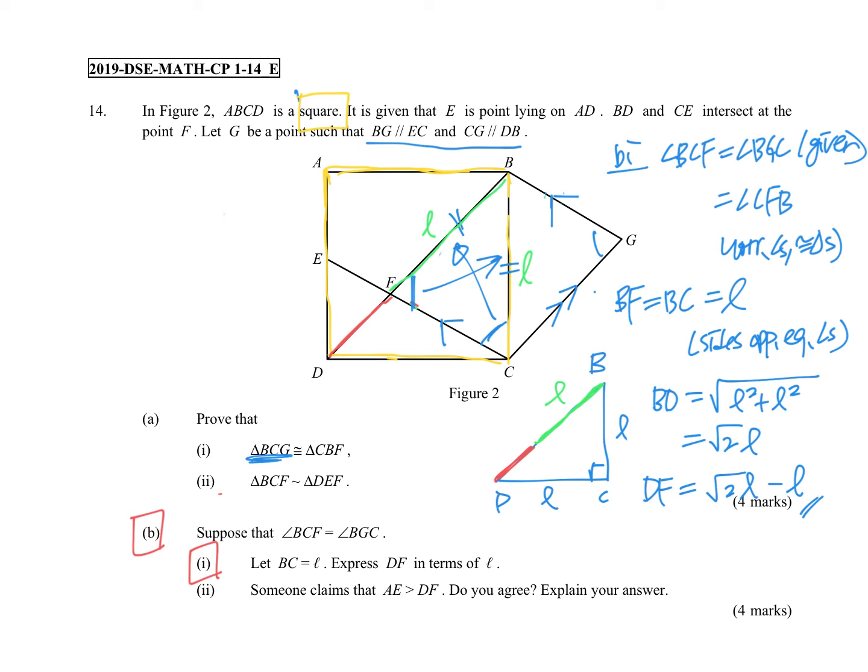So BF equals BC. Let's put this. Oh, okay, that makes sense. So this one corresponds to this, and this corresponds to this. Good. Now BF equals BC equals L.